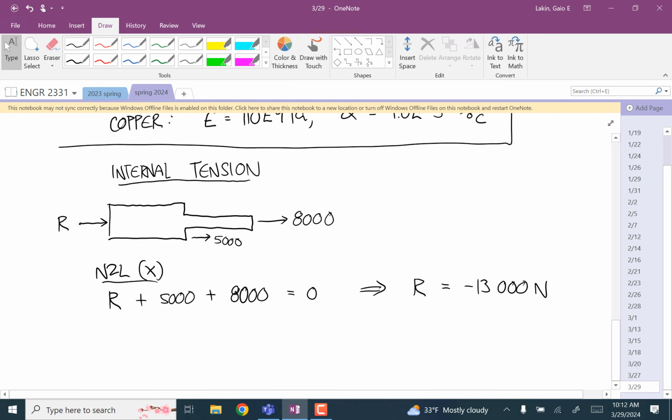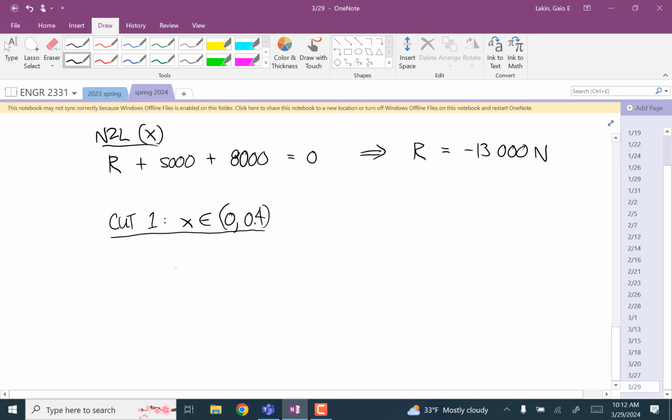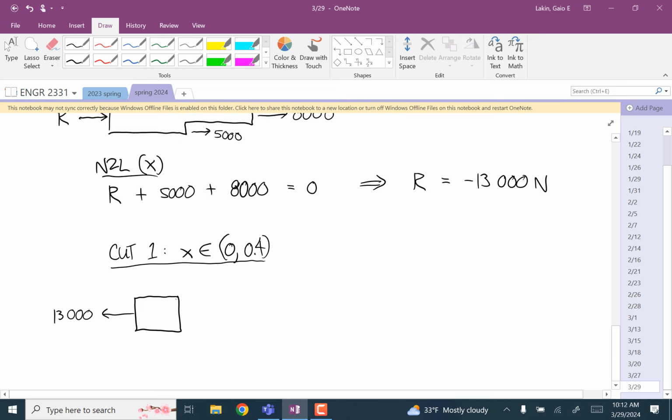How many cuts do we have to do? Yeah, 2 cuts. So cut 1 is for that first 0.4 meters. So we have a 13,000 Newton force that way, the reaction load.